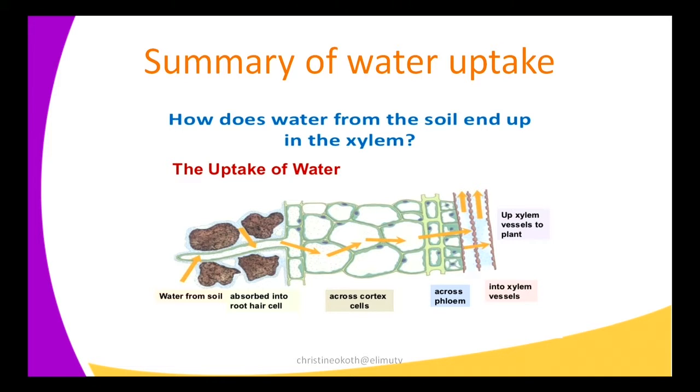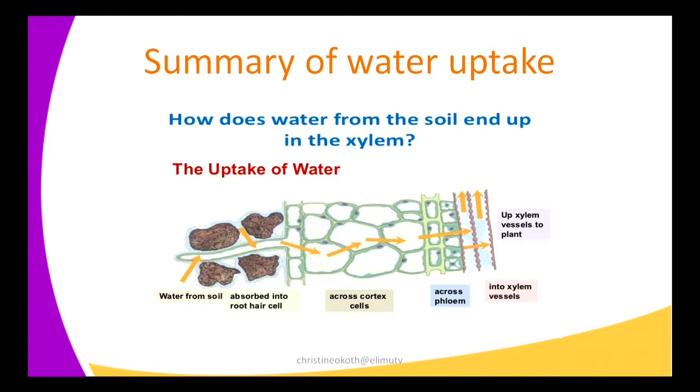So this is a summary of the water uptake. How does the water from the soil end up in the xylem vessel? First, this water is within the soil. The water from the soil is absorbed into the root hair cell. From the root hair cell, this water moves across to the cortex of the root.